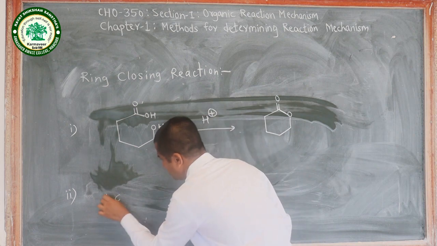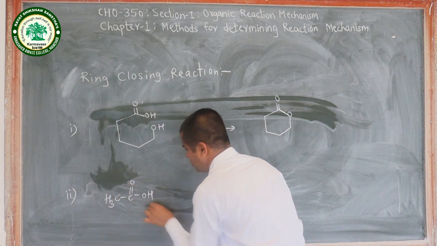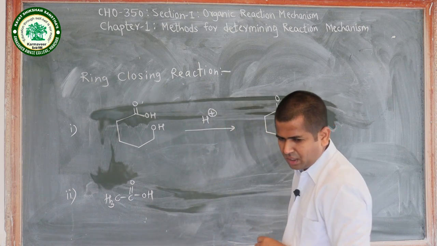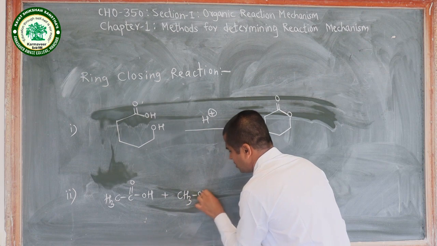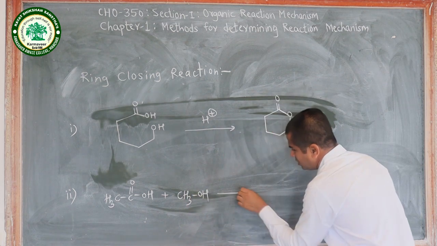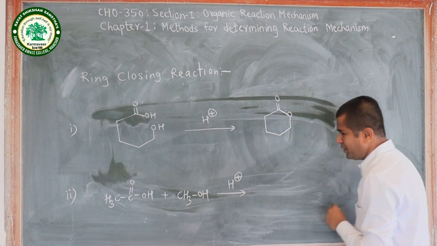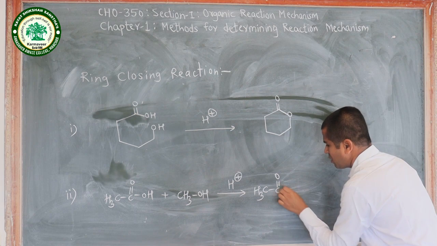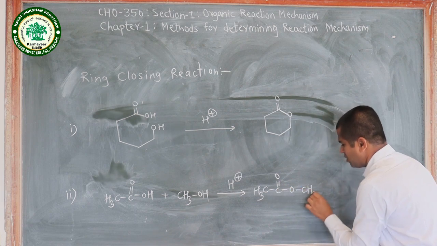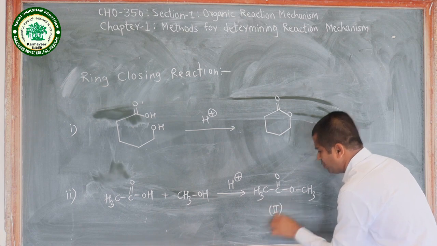where we take two separate substrates. One is acid and another one is alcohol. This on treatment with acid undergoes formation of ester and gives the compound 2.